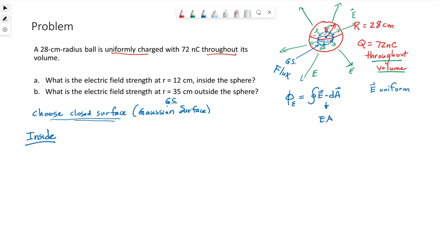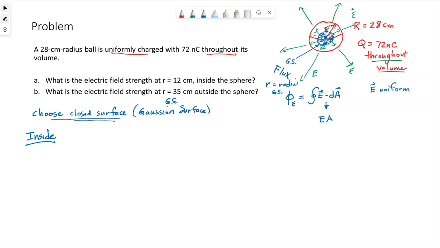By centering my Gaussian surface, my little new blue sphere, with the same center, lowercase r is the radius of my Gaussian surface.